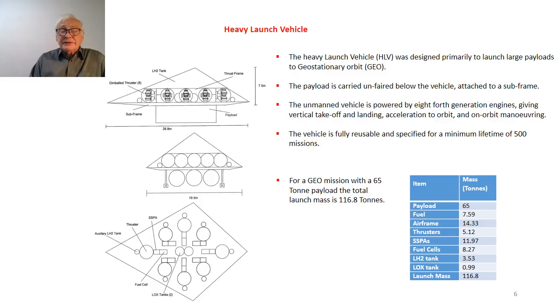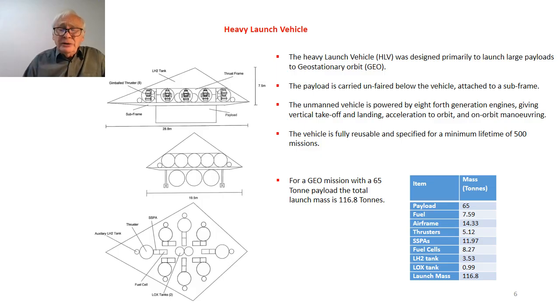Now, the idea is that the mission itself should be designed so that you accelerate quite slowly through the atmosphere. So you don't have aerodynamic problems, and the payload can be carried unfaired, which is quite useful once you get to geostationary orbit, because you can deploy the payload quite easily.